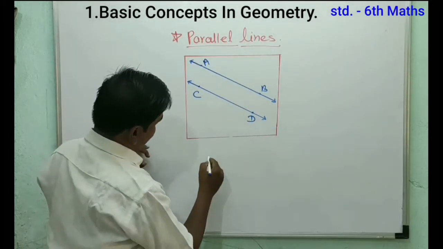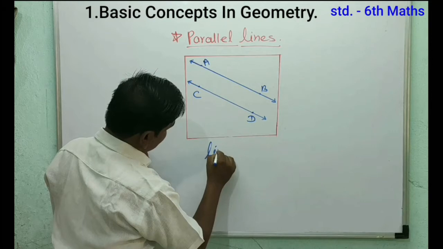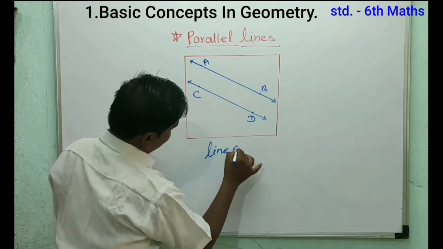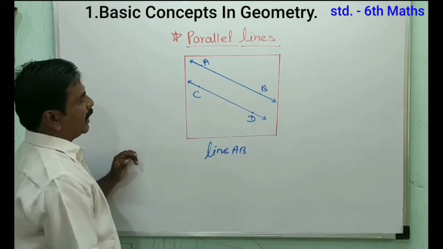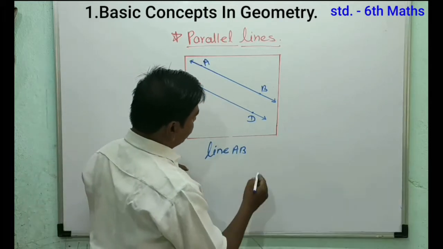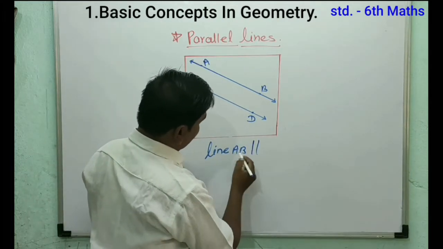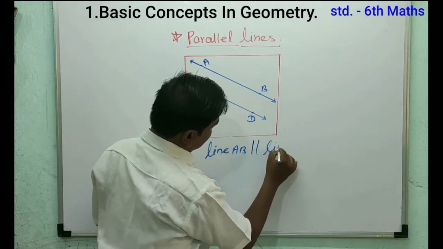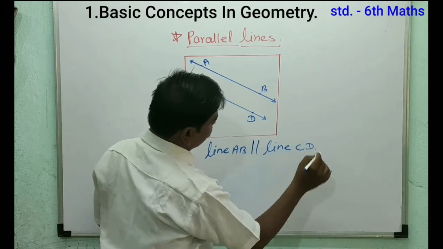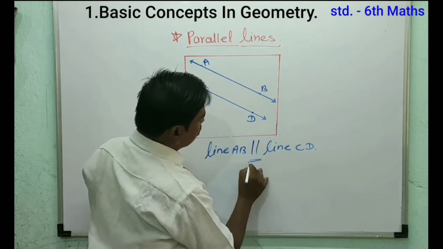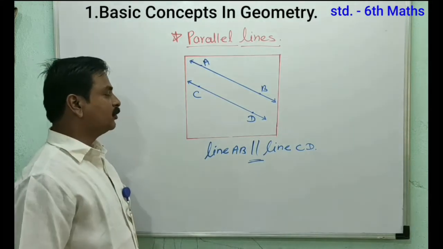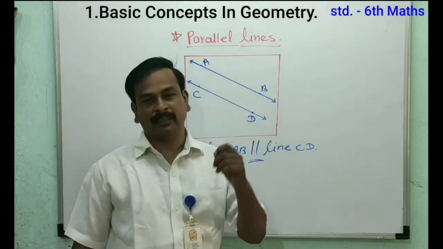This is written as, now here line AB and line CD are parallel. It is written as line AB parallel line CD. This is the sign used to denote parallel lines.